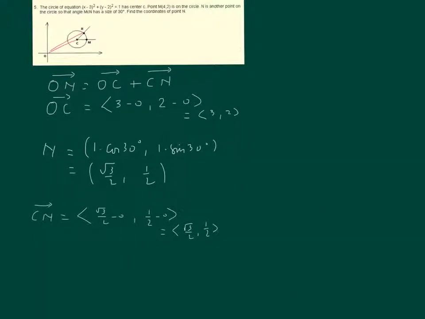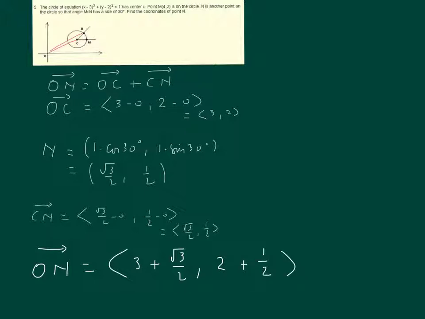Now that we have the components of OC and CN, we find the components of ON by adding the components of OC and CN. So this will be 3 plus square root 3 over 2, and the second component will be 2 plus 1/2.